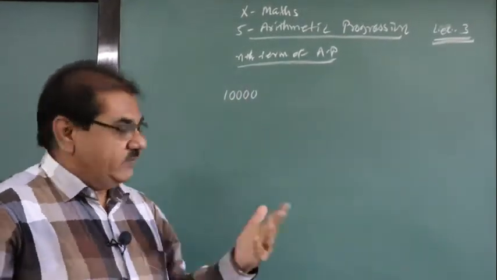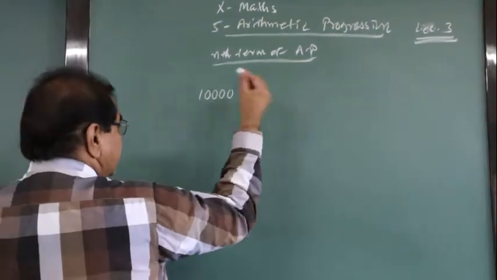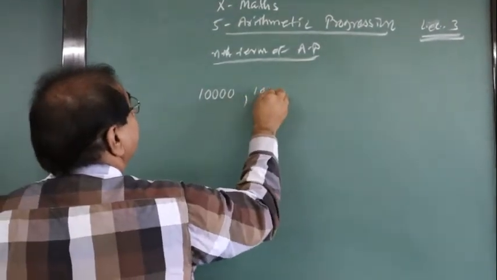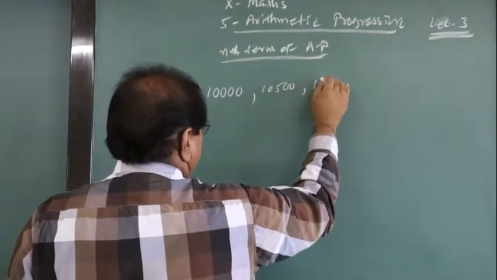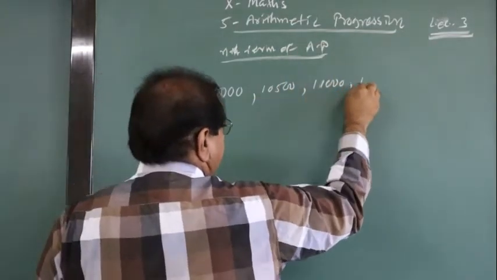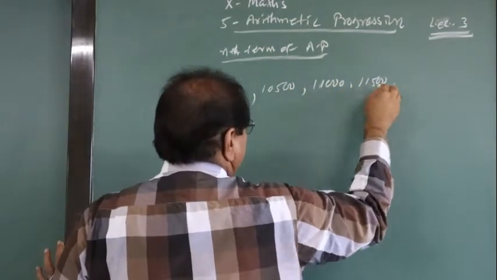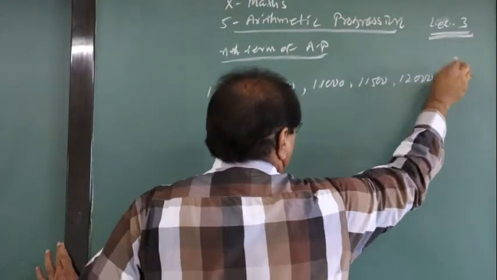Every year he was given the increment of rupees 500. So next year his salary will be 10,500. Next year 11,000 plus 500, so it is 11,500. Next year 12,000 and so on.